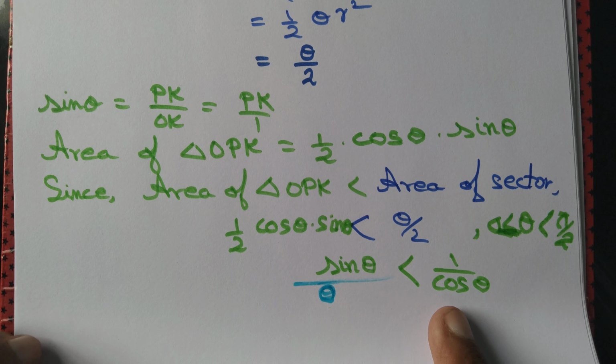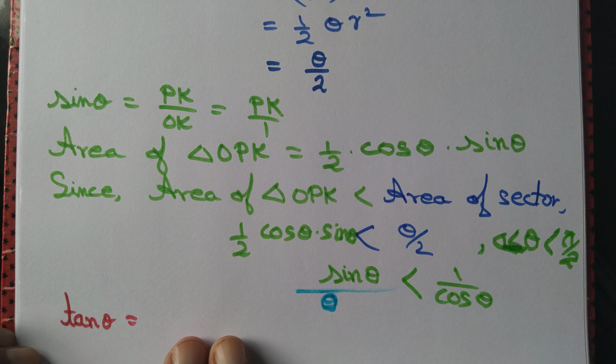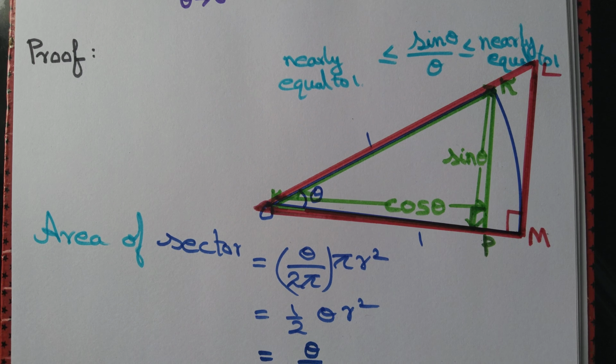You see that tan theta equals perpendicular by base, or LM by OM, opposite side by adjacent side. Once again, OM is exactly equal to 1.